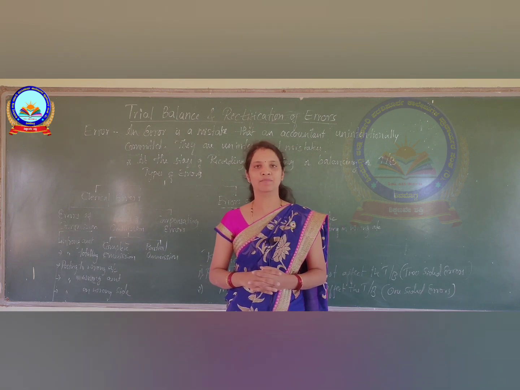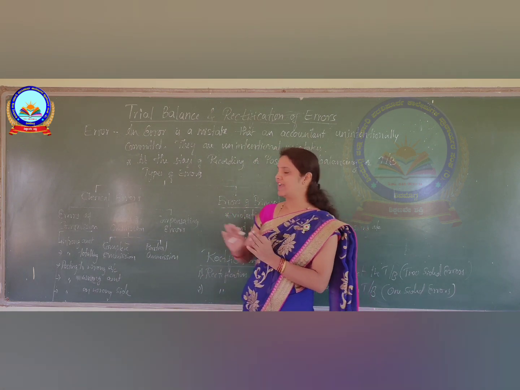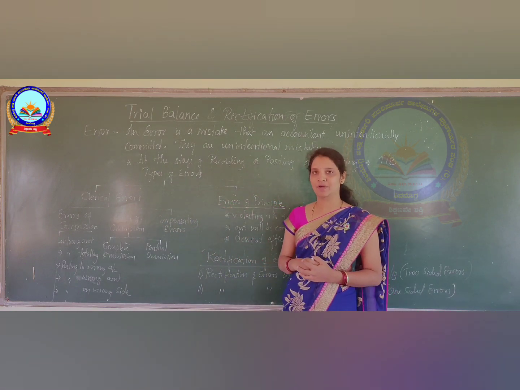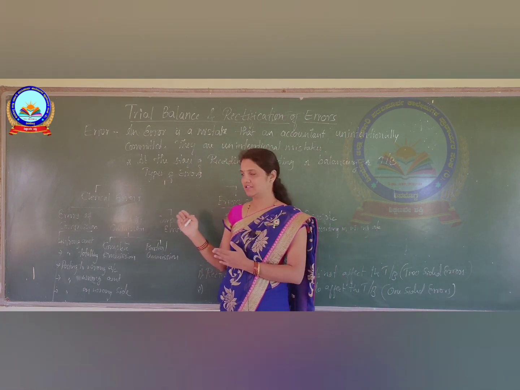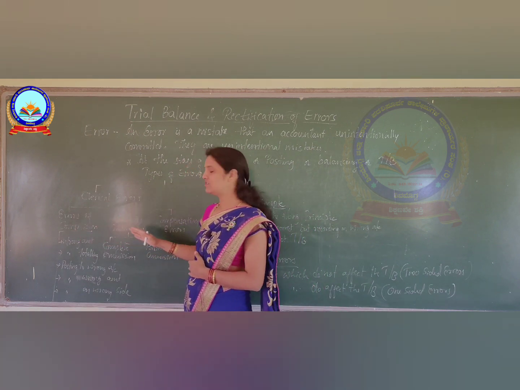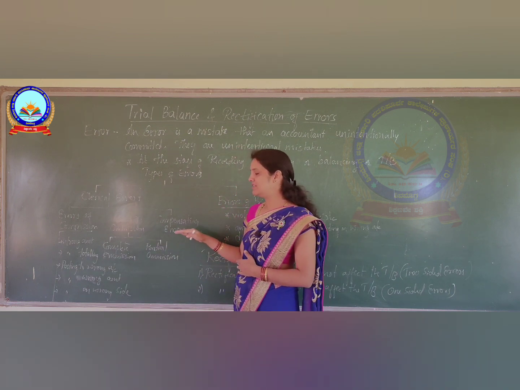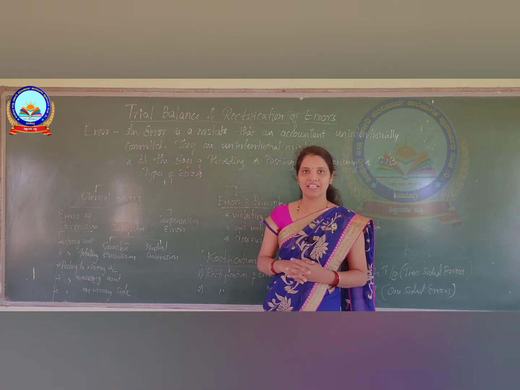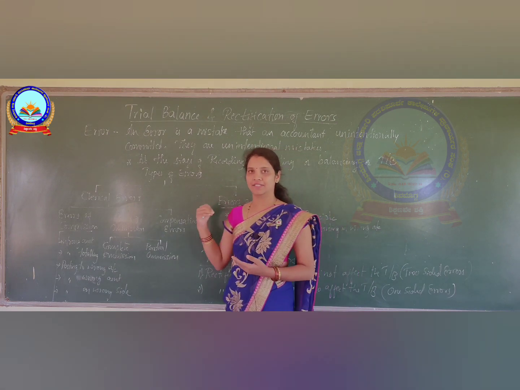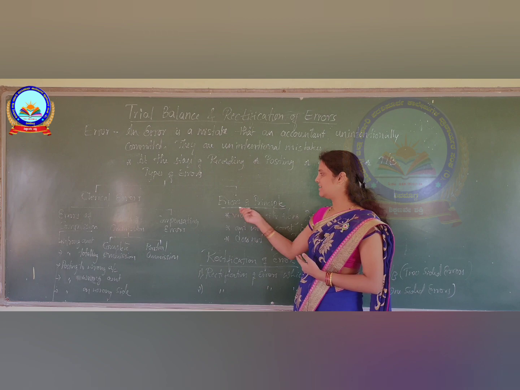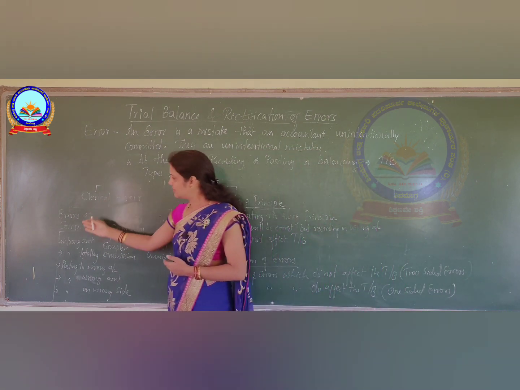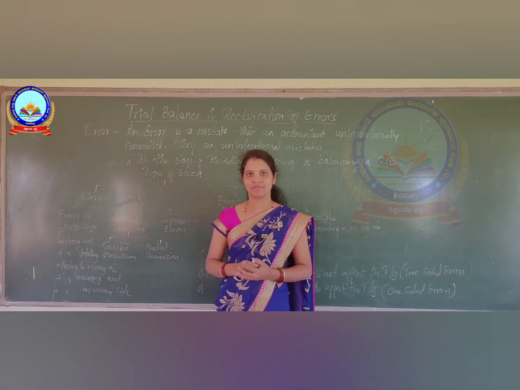There are various types. Those types are classified as clerical errors and errors of principle. What are clerical errors? Clerical errors are errors of commission, errors of omission, and compensating errors. These three types come under clerical errors. And one more type is there, that is errors of principle. What are errors of commission?